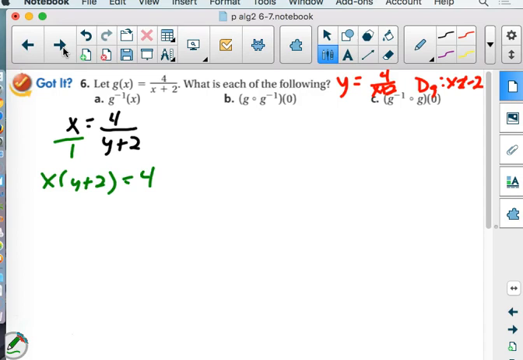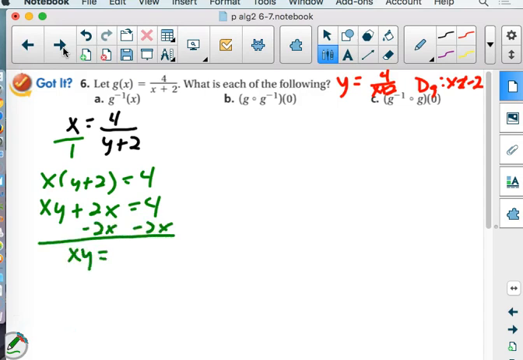Now what? Distribute. Now we start thinking, okay, I've got to solve for y. Subtract 2x. Doesn't matter if you write that 4 minus 2x or negative 2x plus 4. There's no difference.